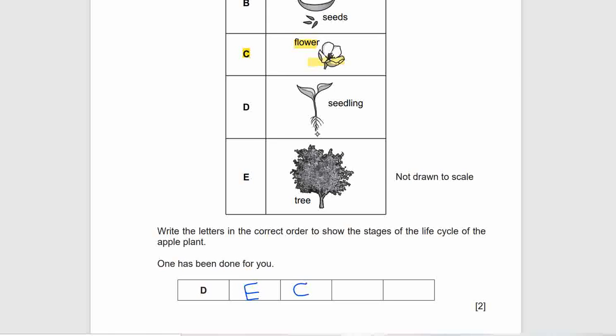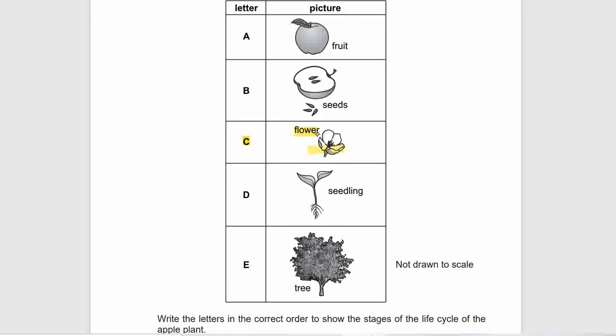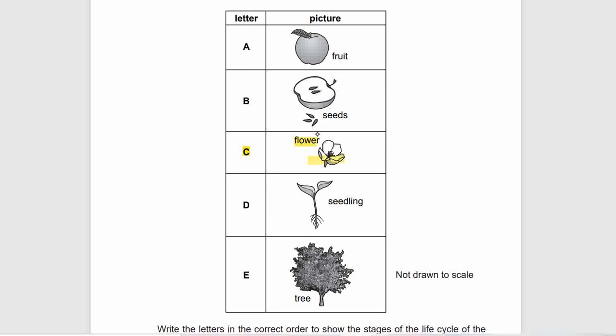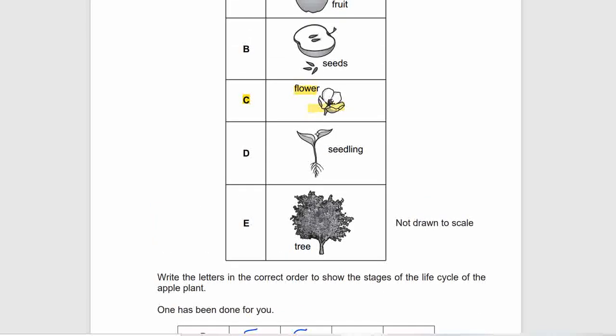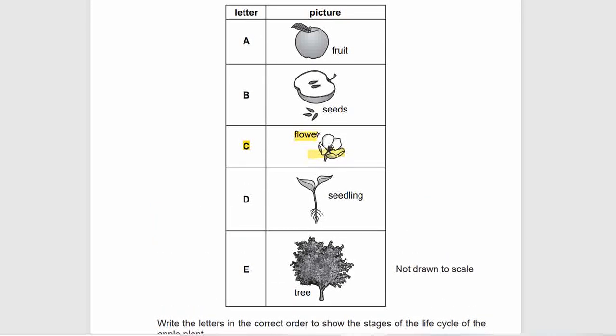Next, the flower will have male and female parts, and there will be pollination, followed by fertilization. Then it will form a fruit after fertilization.